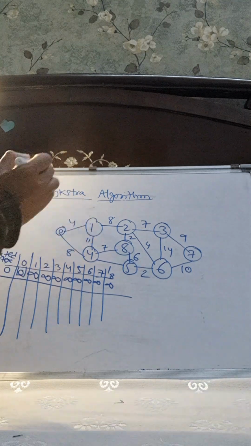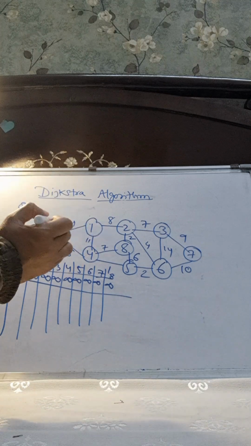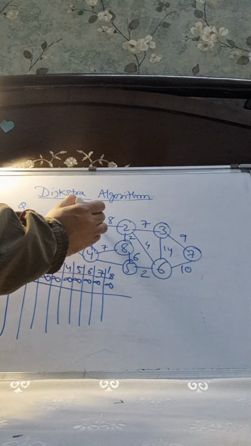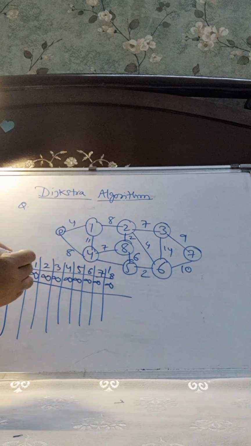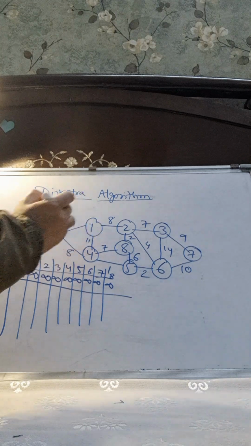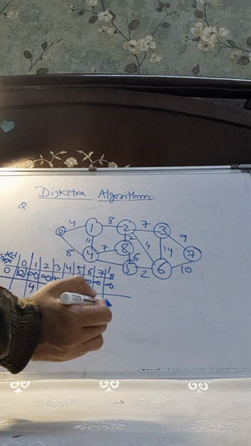The current cost of v is infinity. Yes, so 0 plus 4 is less than infinity. So we'll update the distance vector at v using this new cost, which is 0 plus 4. So the distance of infinity will be updated with the new value 4 here. So this cost has become 4 now.